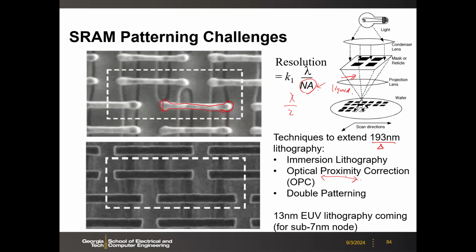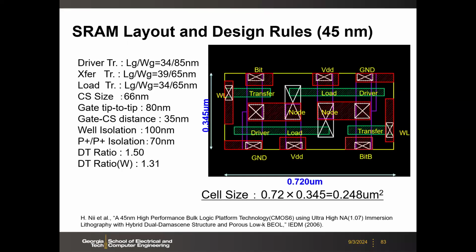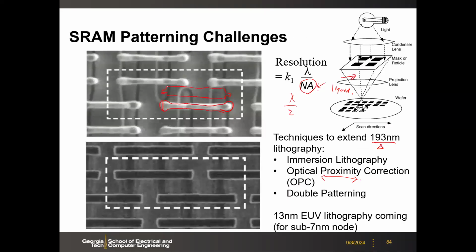So this OPC is to predict what will happen after the lithography. Therefore, when you make the mask, it will compensate for this. For example, your mask may have a small end, something like this. Even though your layout will be something like a rectangle, when you transfer the layout to the foundry, when the foundry makes the mask, they will do this OPC and proactively design something to compensate for this distortion after lithography. Okay.